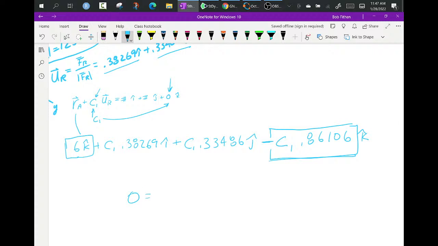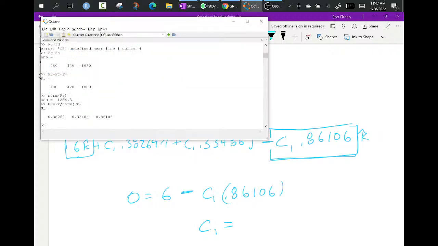So I want 0 to equal 6 minus C1 times 0.86106. C1 is just a random constant, but it'll become apparent in a minute. So move the 6 over and divide it by 0.86106.